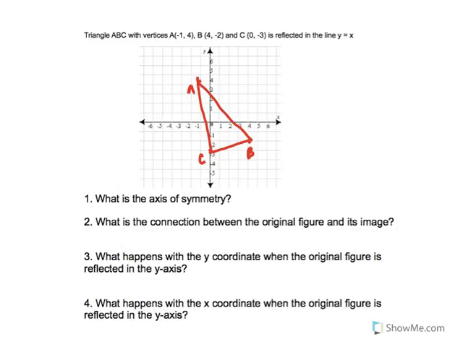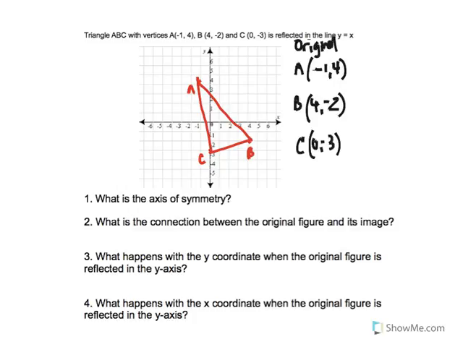So this is our original figure. And we're supposed to reflect it in the line y equals x. So our originals: A, -1, 4. B, 4, -2. C, 0, -3. These are our originals. Okay.